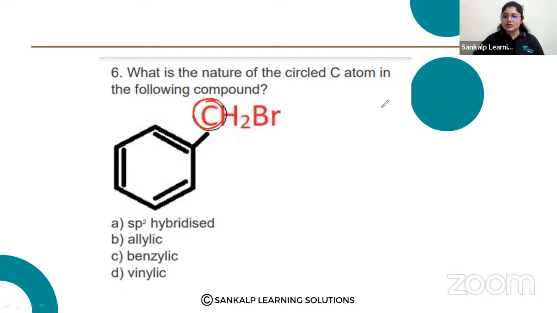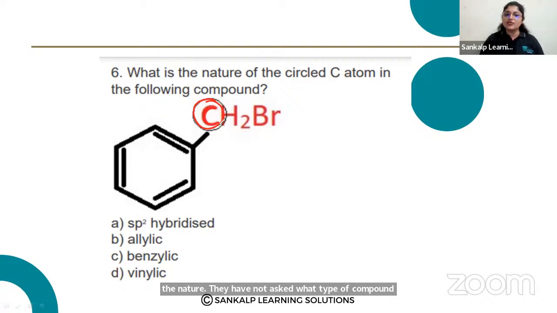Pragati has answered C, Sneha C, Suhas B, Sita C. They have asked what is the nature, they have not asked what type of compound it is. What is the nature of this carbon?